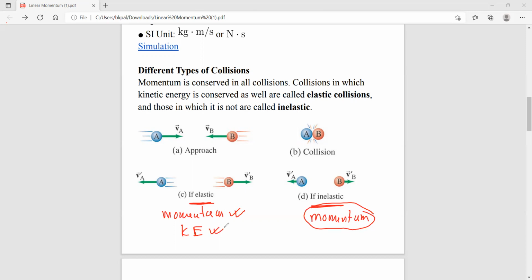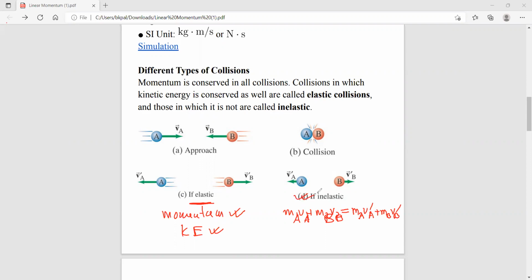For inelastic collision, the only equation we use is m_a v_a plus m_b v_b equals m_a v_a prime plus m_b v_b prime.